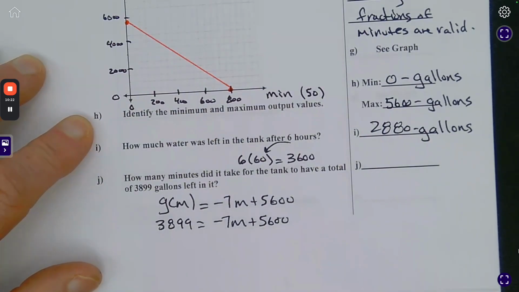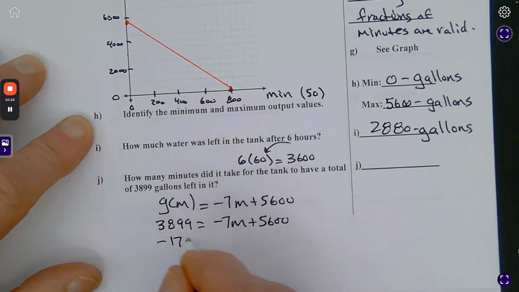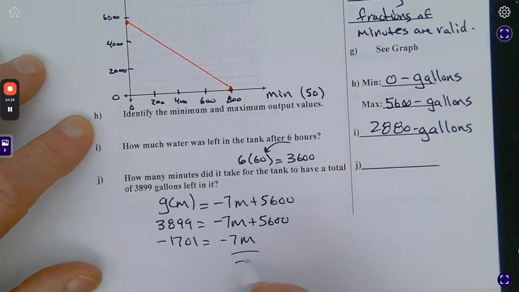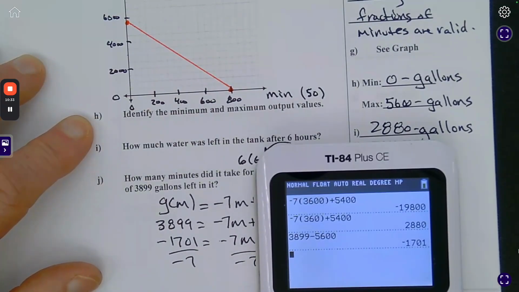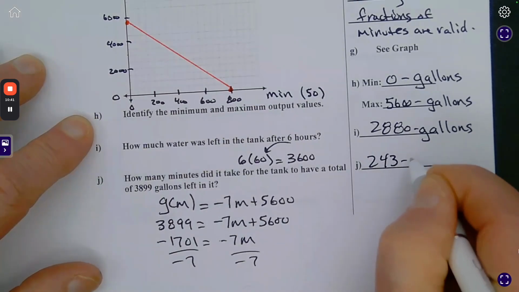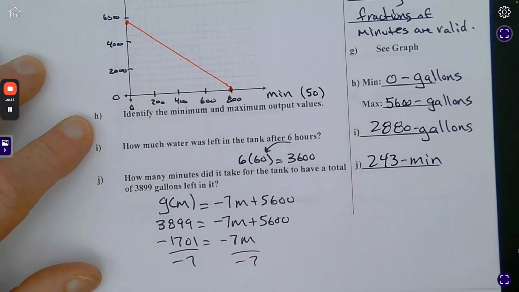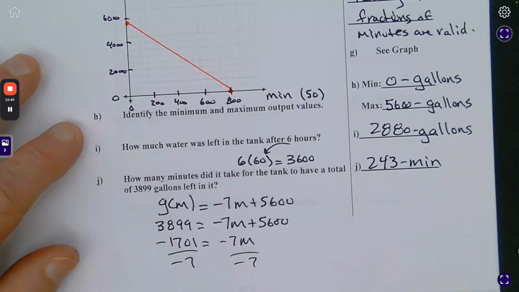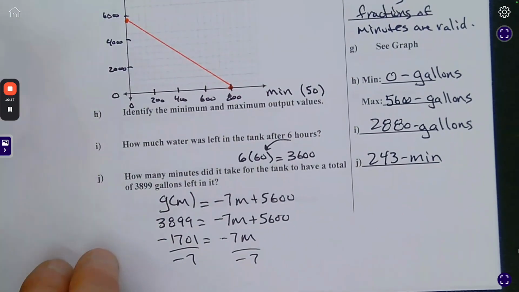That gives me negative 1,701. Now divide both sides by negative 7. And it took 243 minutes. All right, good job, everybody. Okay, let's keep going.